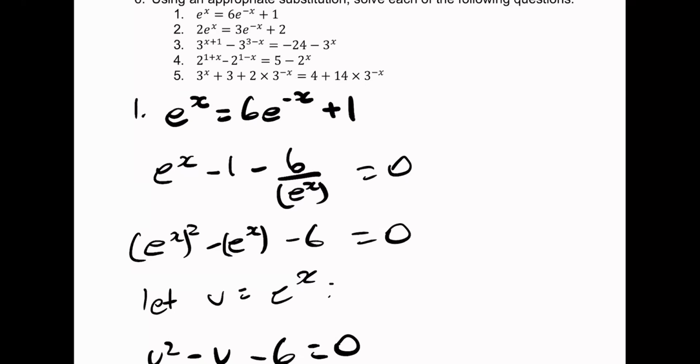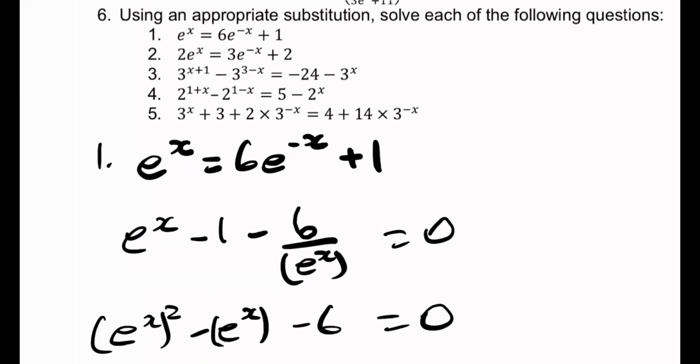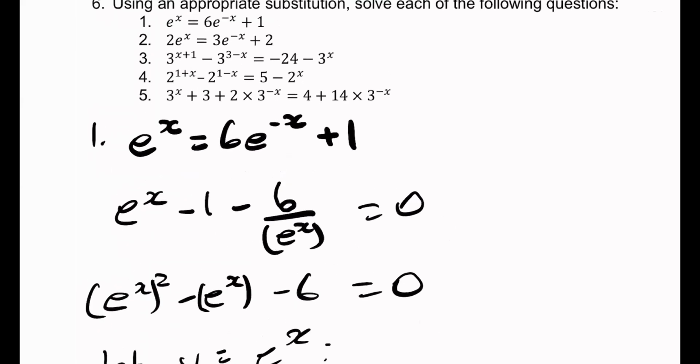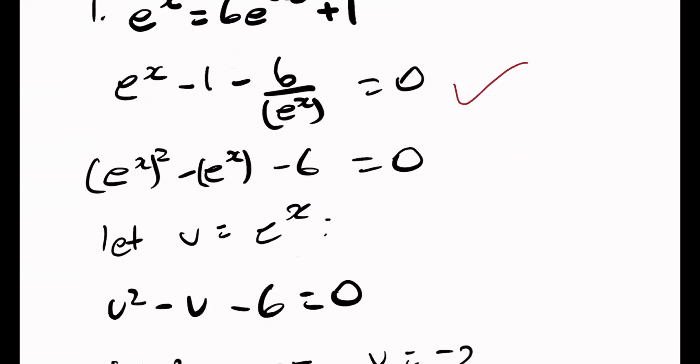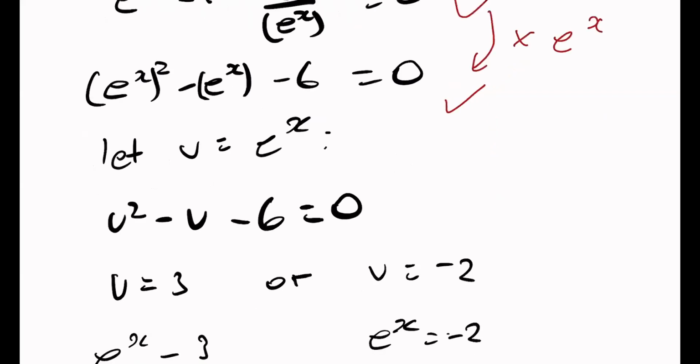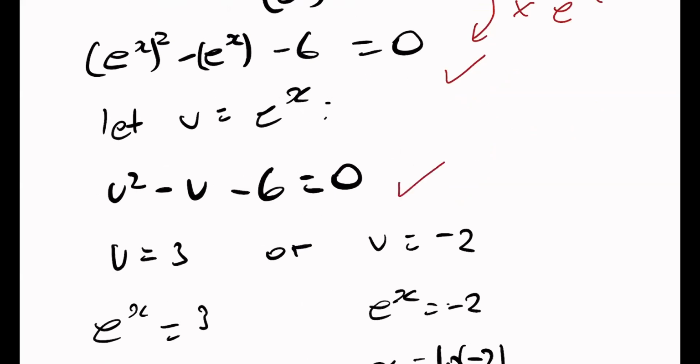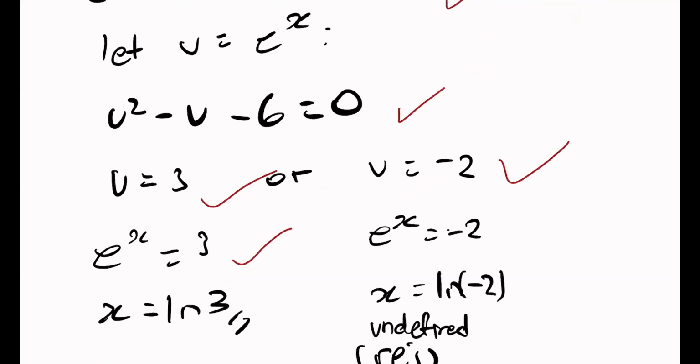Okay, let me see. Times e power x on both sides. Then you get e power x squared minus e power x minus 6, correct? Substitute u equals, get u squared minus u minus 6, get 3, -2, sub the u back in, then solve for x, take ln on both sides.